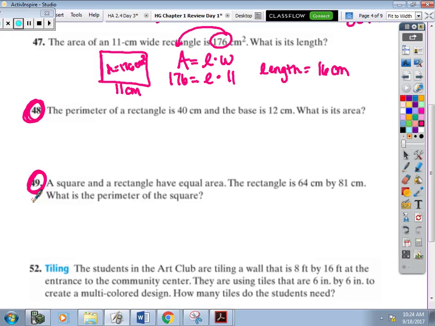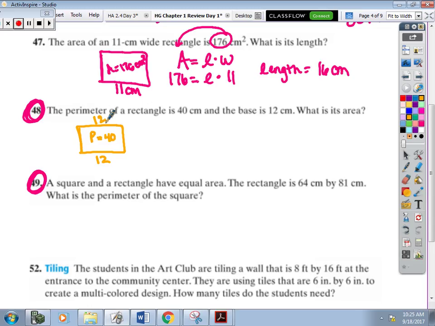It says the perimeter of a rectangle is 40 centimeters and the base is 12 centimeters. Okay, so we have a rectangle, the base is 12 centimeters, the perimeter is 40. So we know if this side is 12, that side's also 12. What would the dimensions of each of the other sides have to be?